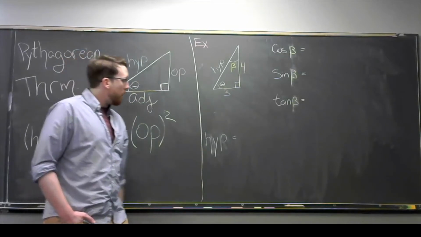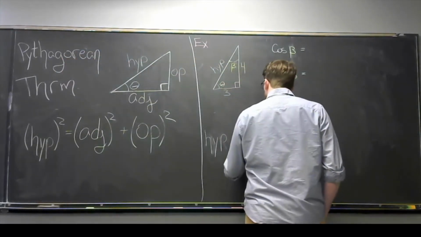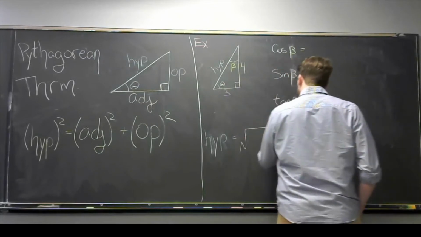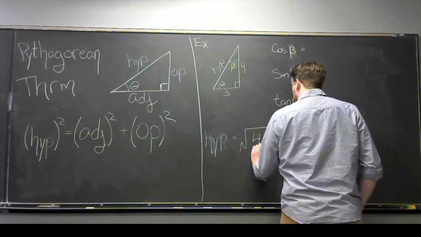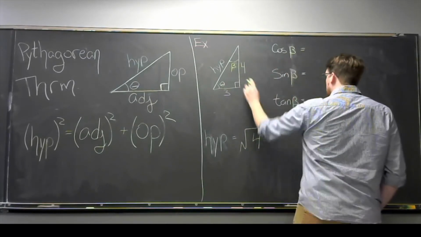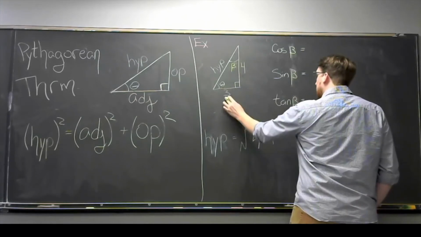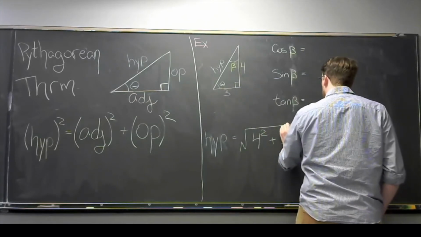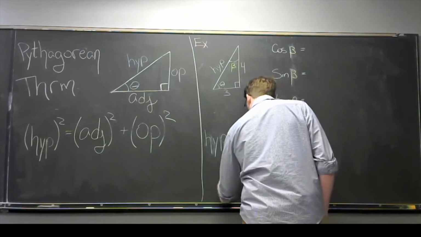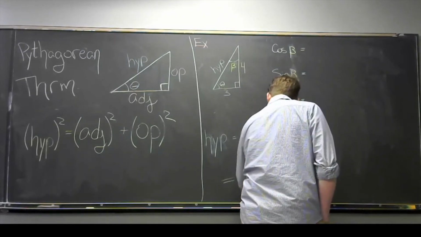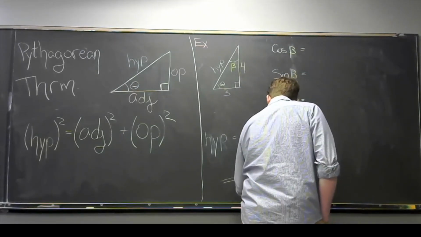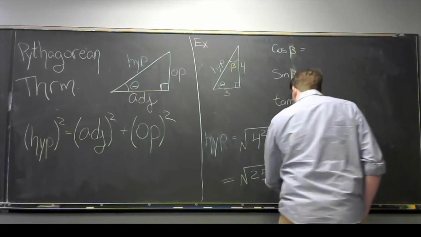So we know that the hypotenuse is going to be the square root of 4 squared, that's our adjacent, plus 3 squared, that's our opposite. So the square root of 25, or just 5.